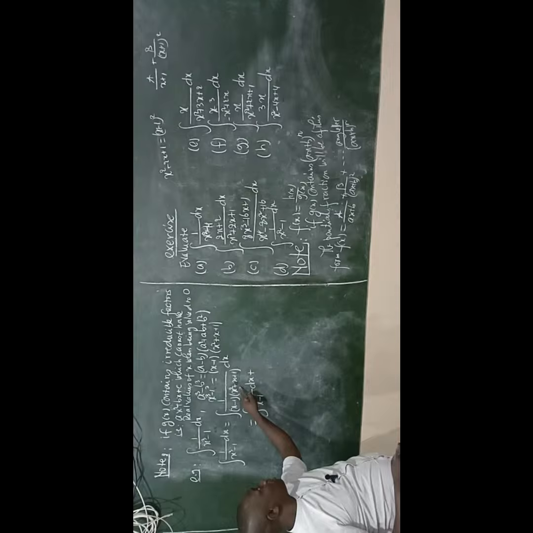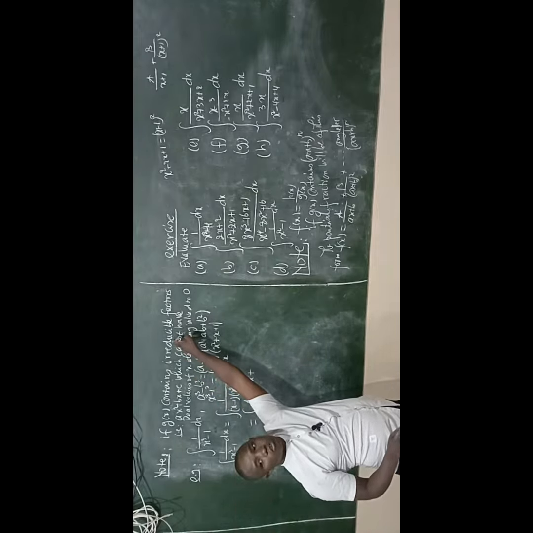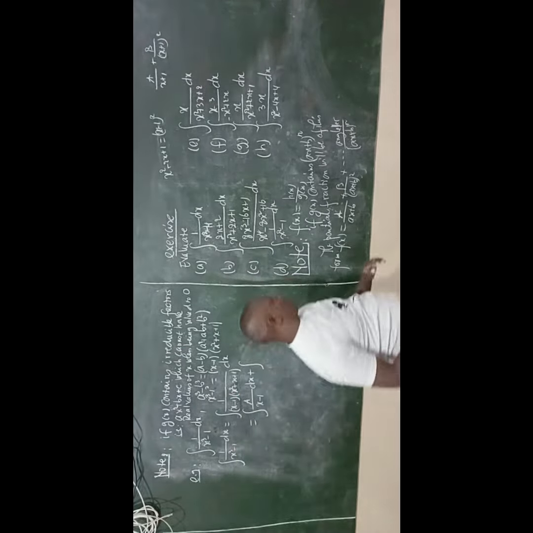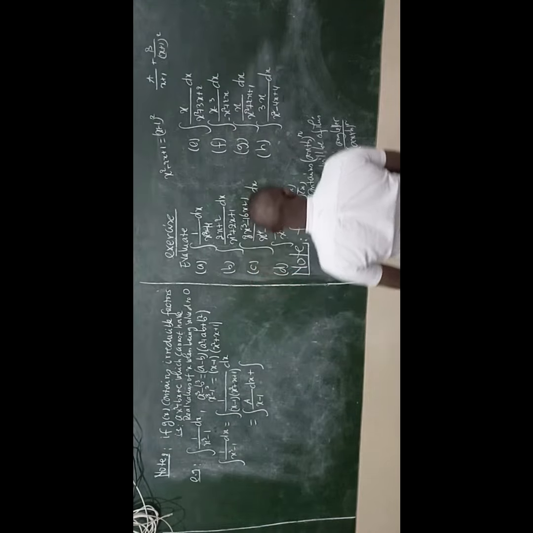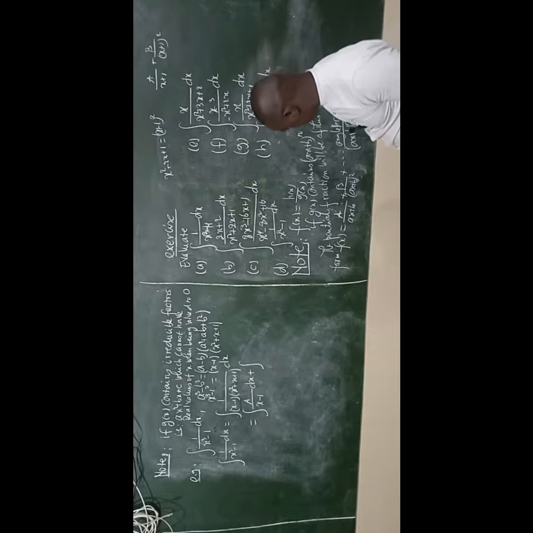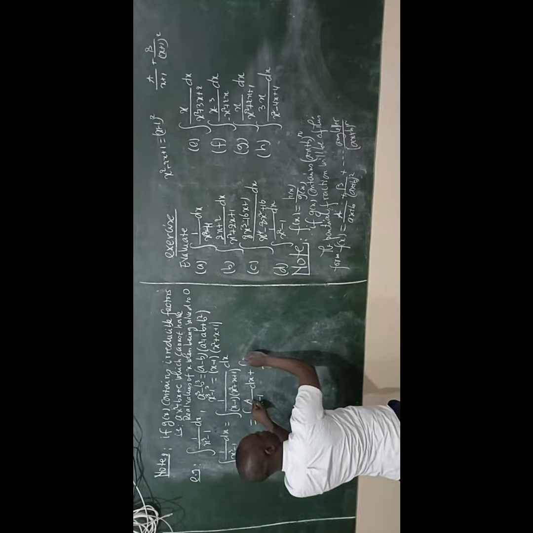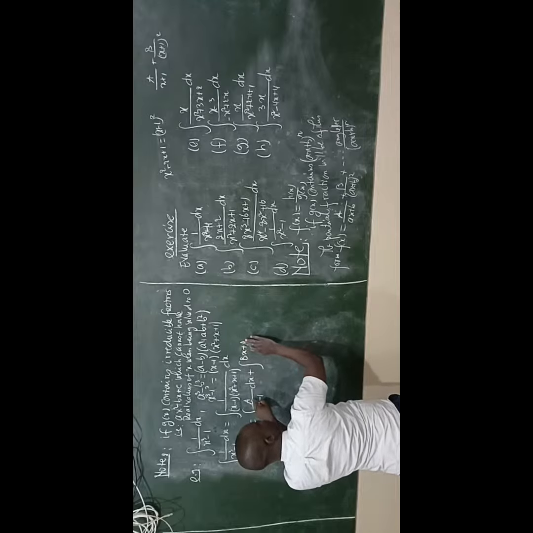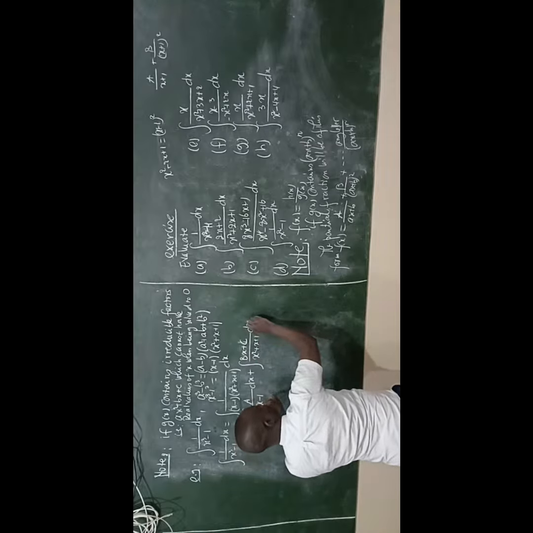That's why this is an irreducible factor. We are dealing with irreducible factors. It can be written as bx plus c divided by x squared plus x plus 1 dx.